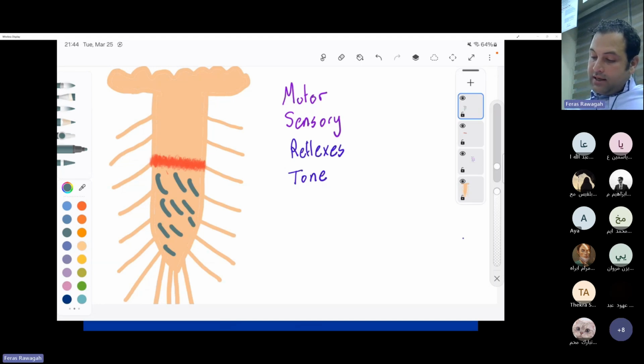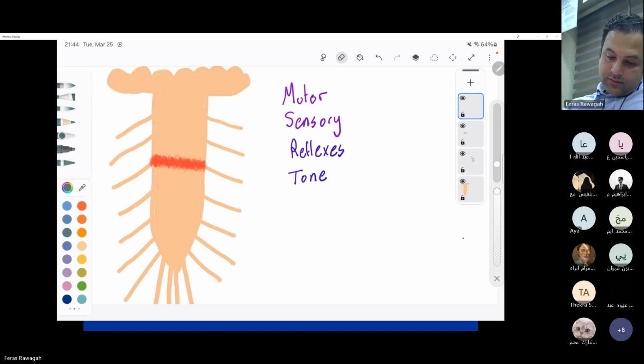Okay, let's explain that. In this part of the spinal cord, ascending fibers coming from this part going up will stop at the injured level. So it will not reach the brain.